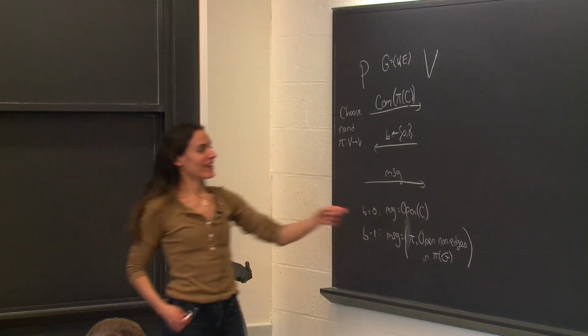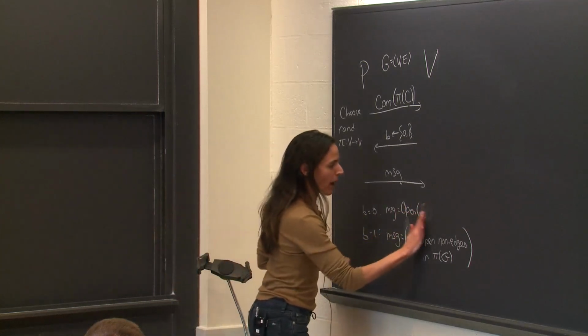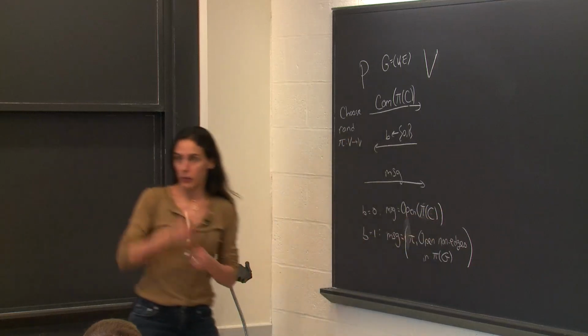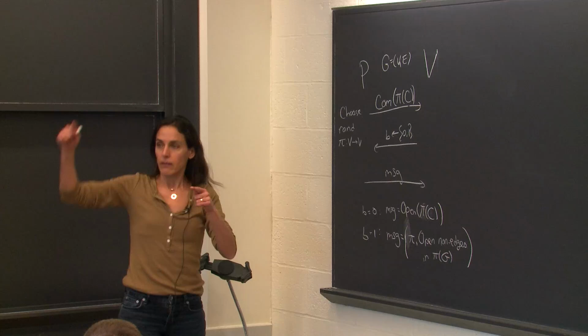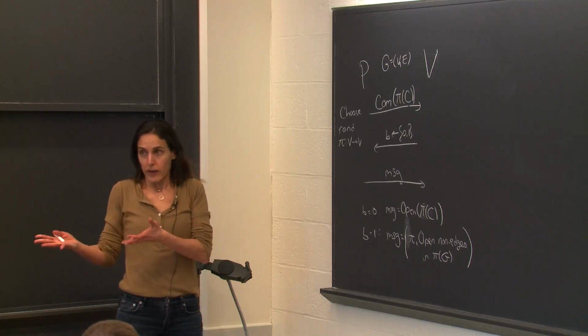He's just going to open the cycle, or maybe I should say pi of C. So he's going to open only the places where there's a cycle, and the verifier is going to check that it is indeed a cycle. But we need to make sure that the cycle has something to do with the graph itself.